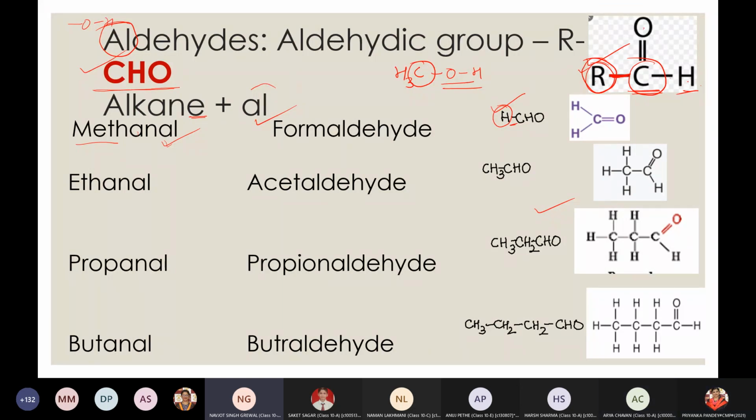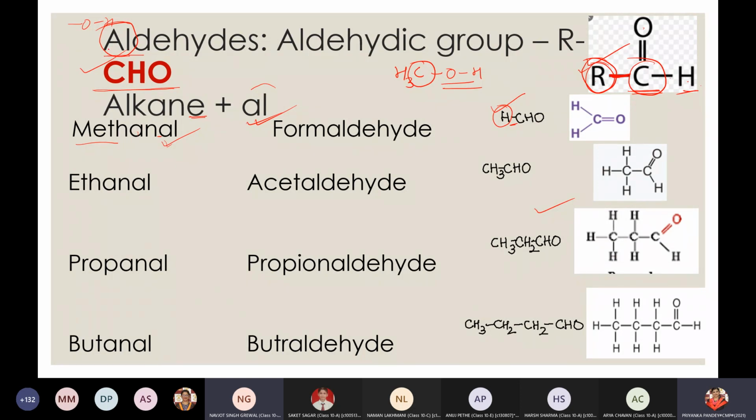Thank you. Harsh, when we name the substance as we have done for alcohols, child, the same way, this also will always have carbon to carbon single bonds present. So as per the single bond, we are going to write the name. If it is 1 carbon atom, it is methane, right, child? In place of E, we are going to write Al. Because it is aldehyde group, the suffix will be Al. Aldehyde's first 2 letters are Al.